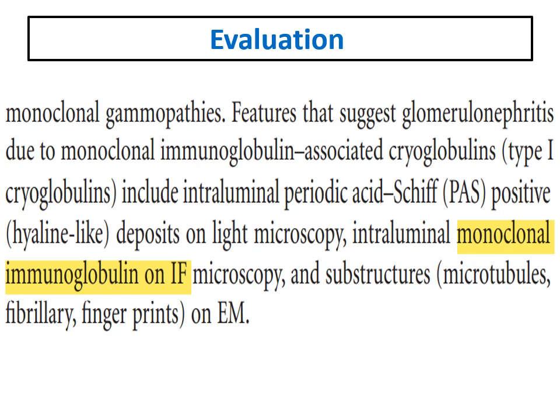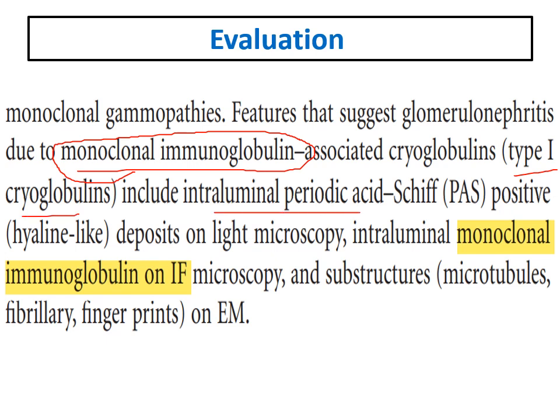What about type 1 cryoglobulins, which are mainly due to monoclonal immunoglobulins? In type 1, also, there will be intraluminal positive deposits on light microscopy. But the most important finding in immune fluorescence is that this immunoglobulin is mainly monoclonal.